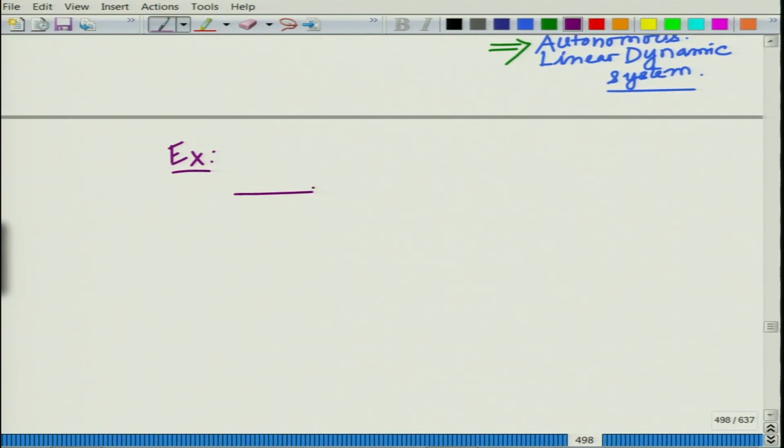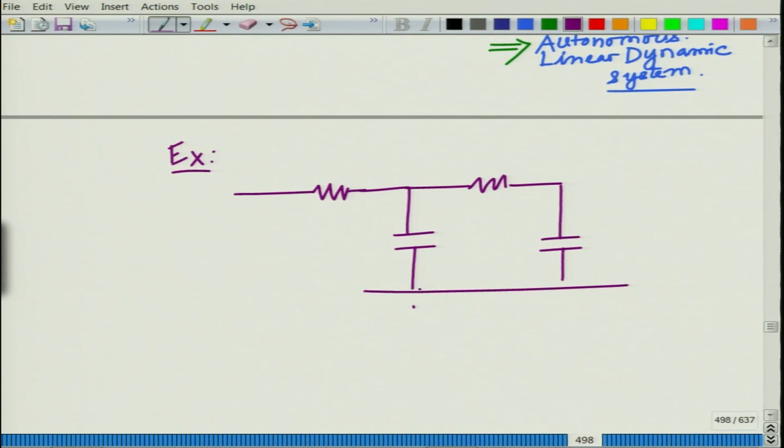So, I have this circuit, this is a resistance, this is a capacitor, a resistance, another capacitor, and let us say this is the ground. And remember, this is an autonomous system. So, input is 0.